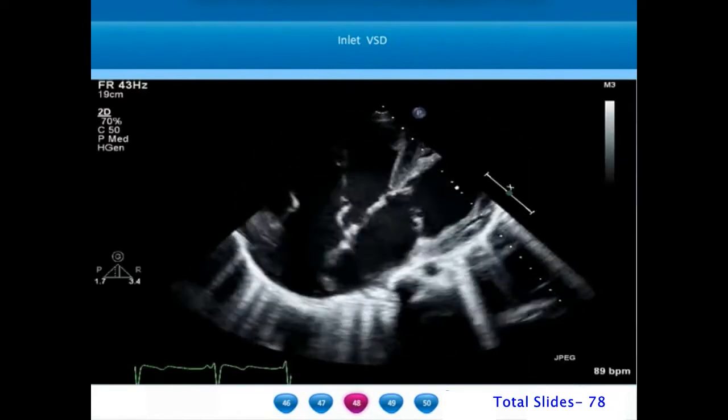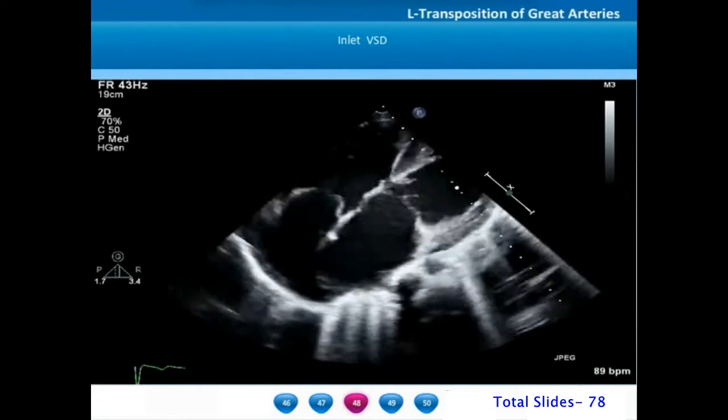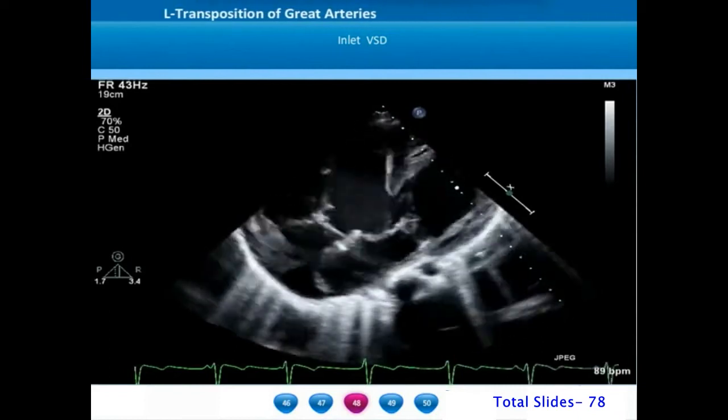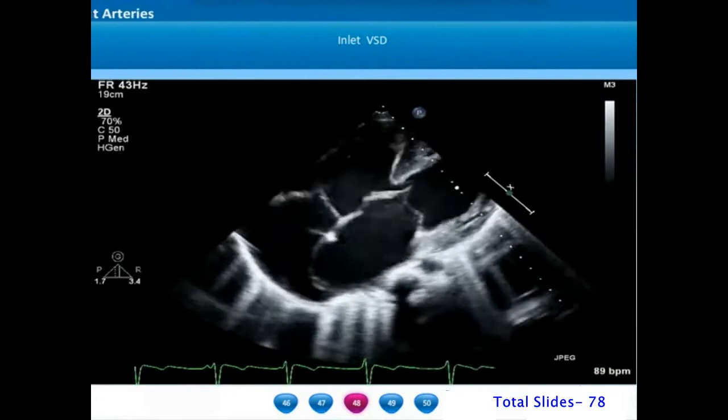This is an example of a large inlet ventricular septal defect with grade 1 straddling of the left atrioventricular valve and about 50% override of the left atrioventricular valve.